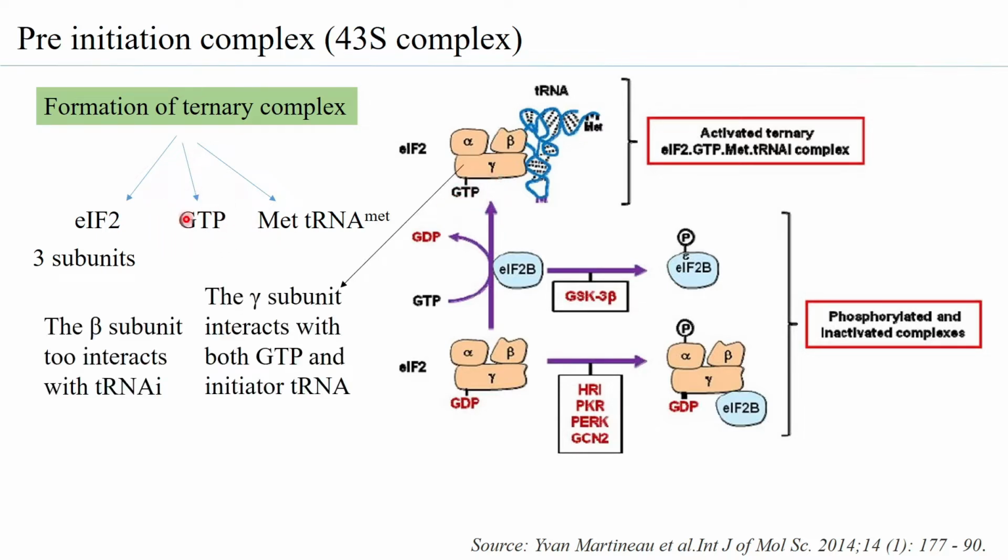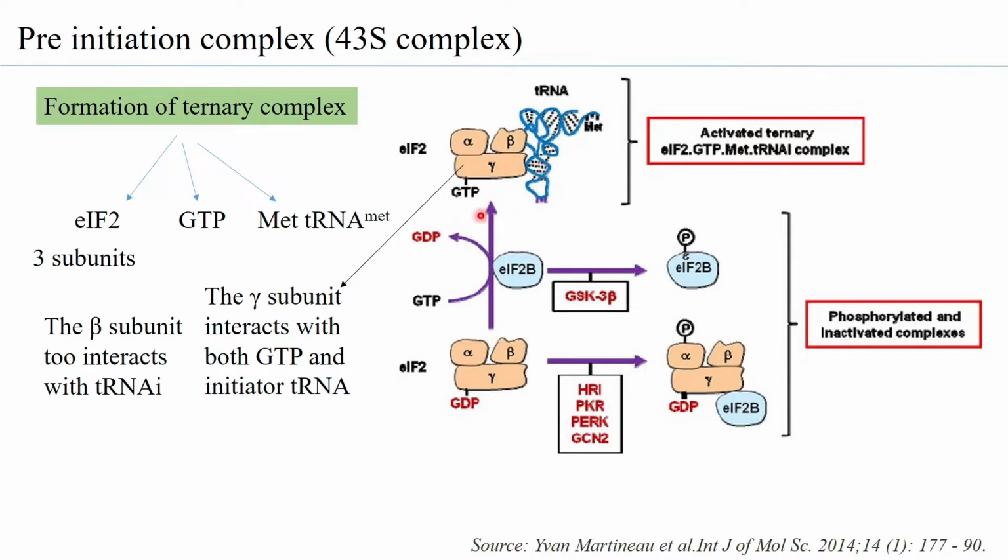So you can see that the GTP is interacting with the eIF2 through the gamma subunit, and this gamma itself is able to bind to the initiator tRNA. Moreover, the beta subunit also is able to directly bind to or interact with the initiator tRNA. So that is how you have the active ternary complex of eIF2, GTP, and Met-tRNA initiator being formed.